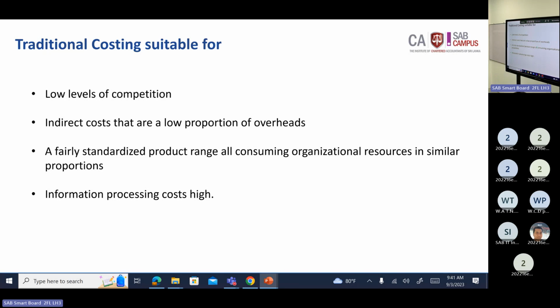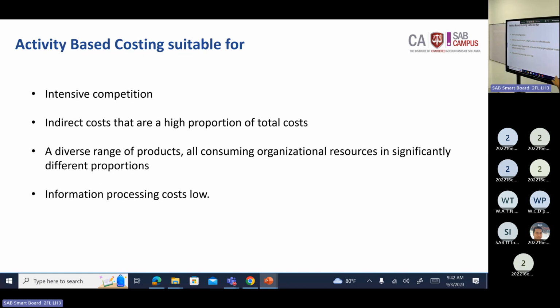But in a low level of competition, you need not take more time and effort to allocate this cost exactly accurately. You can use traditional absorption costing and charge a flat rate; that will marginally increase the price, but it may not be significantly affected because you are not facing much competition. That is the reason. The other one is that ABC costing is more suitable when you have huge competition.